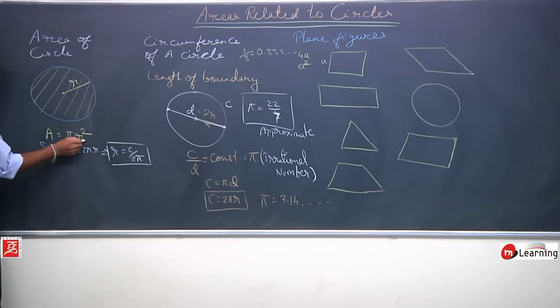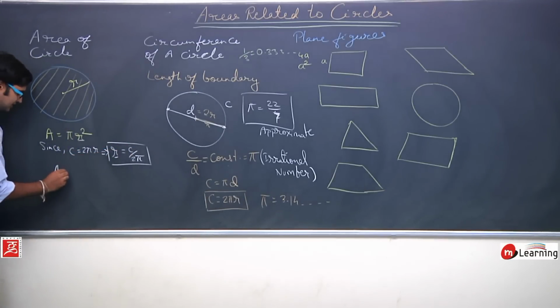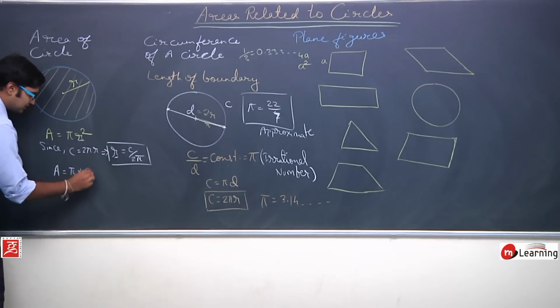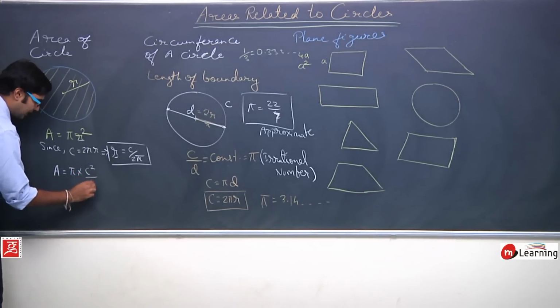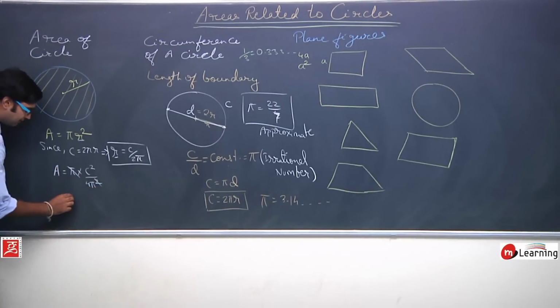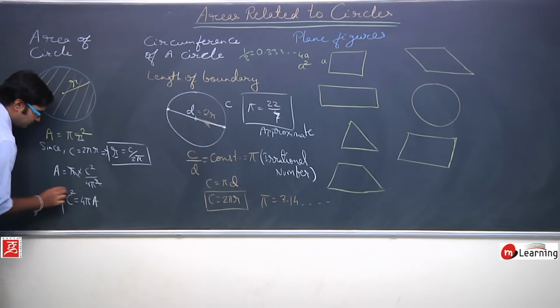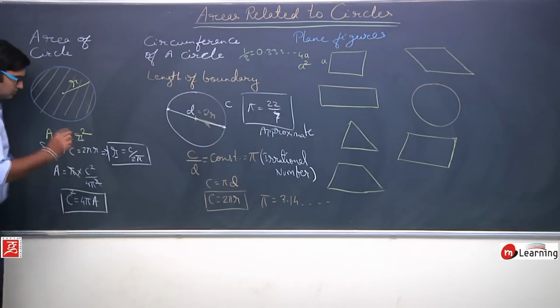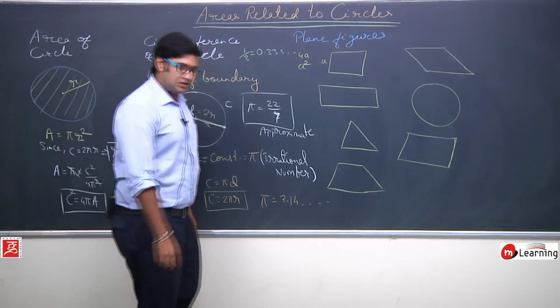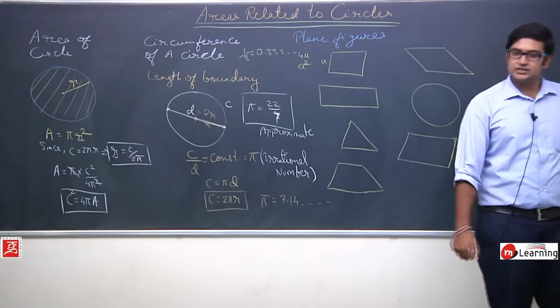So in place of r here I can write this value, C upon 2 pi. So area is equal to pi into C square upon 4 pi square. So this pi and pi will get cancelled, and you will find C square is equal to 4 pi A. This is a relation between the circumference of the circle and the area of the circle.